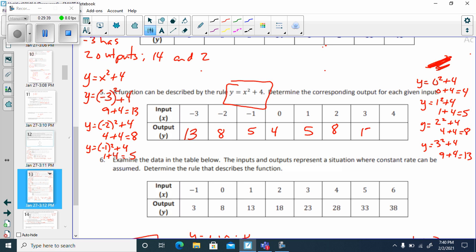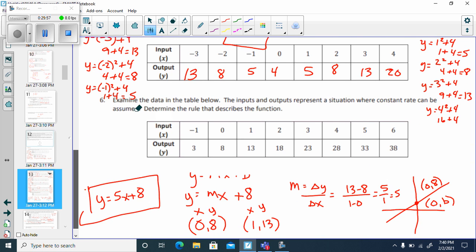Okay, we're just finding all our data in our data table, and then 4. Y is equal to 4 squared plus 4. 4 squared is 16, plus 4 would give you 20. Okay, all we've done is we filled in our data table so we could plot these points. Now let's look at number 6.